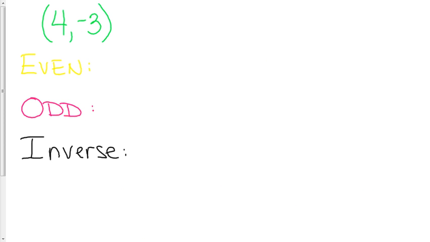Now, looking at just a coordinate so that you understand even more, a little review here as well. If you have a coordinate of 4 and negative 3, if a function is even, then it also has to contain a coordinate of negative 4, negative 3, because just the x value would be opposite.